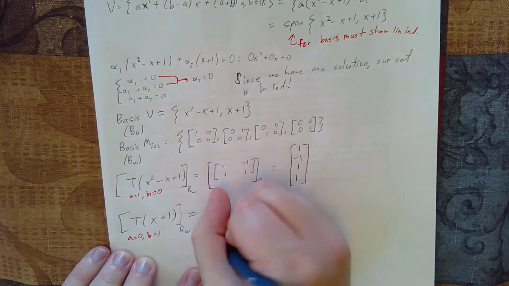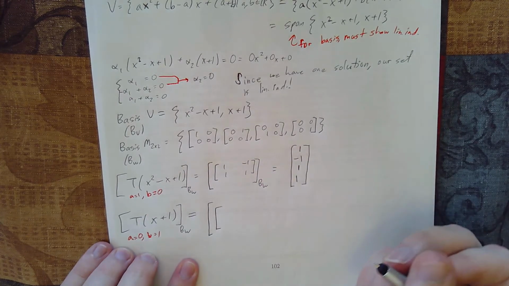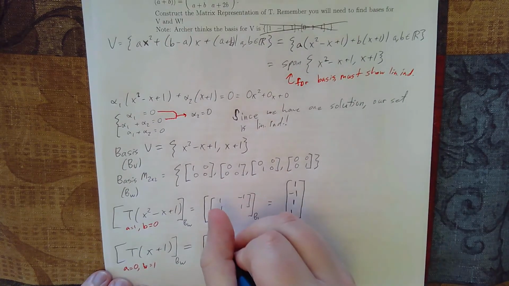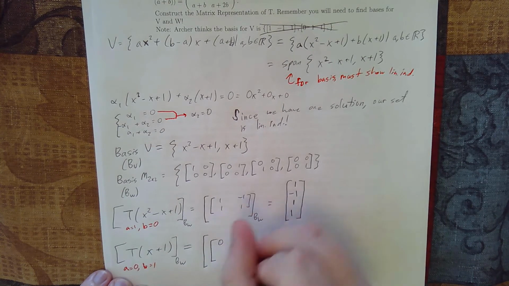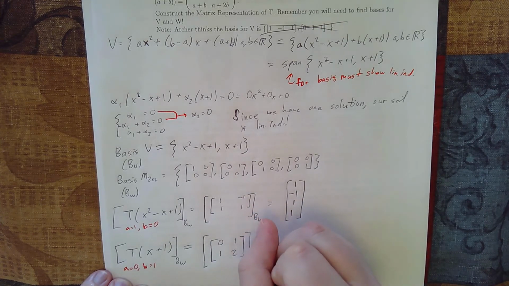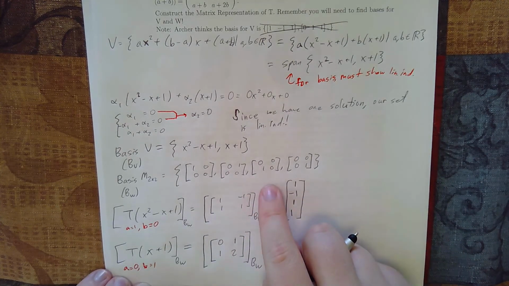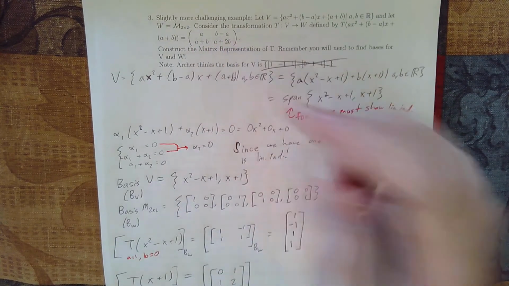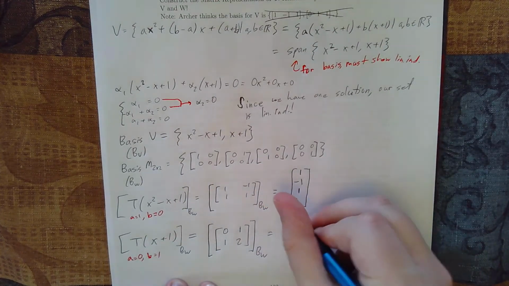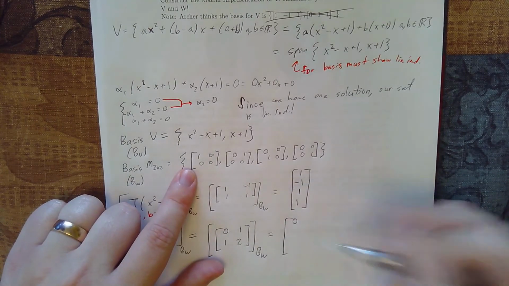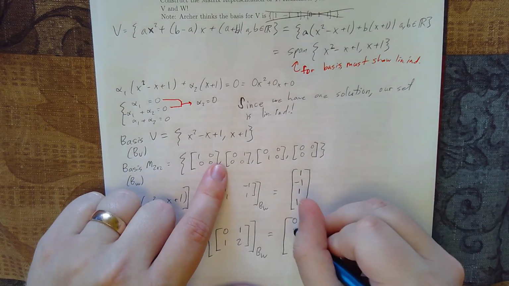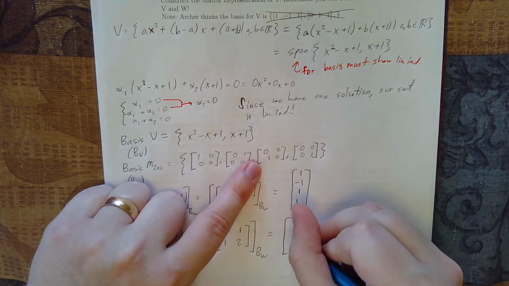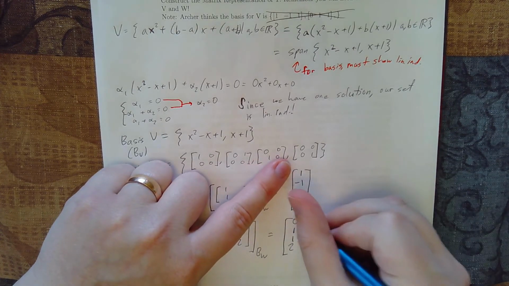And so we'll end up with a matrix of 0, 1, 1, 2, which we now need to write in terms of the basis for our codomain. So this is coming from a being 0 and b being 1. So it will be 0 times this matrix, plus 1 times this matrix, plus 1 times this matrix, plus 2 times this matrix.